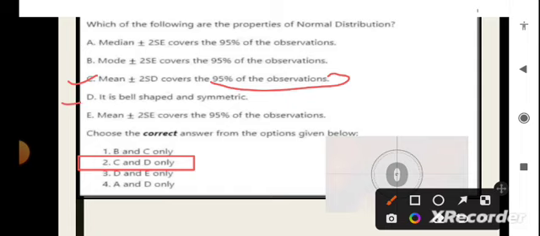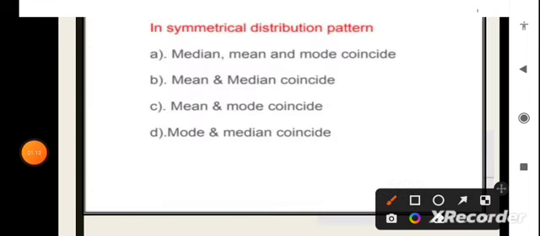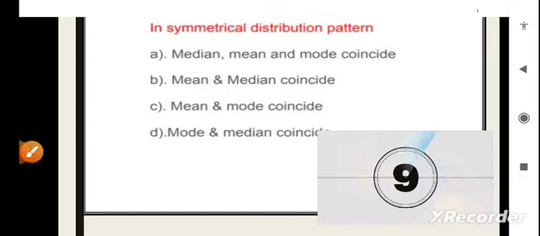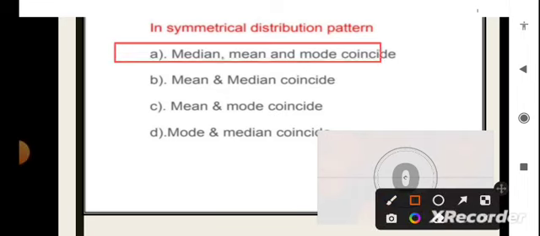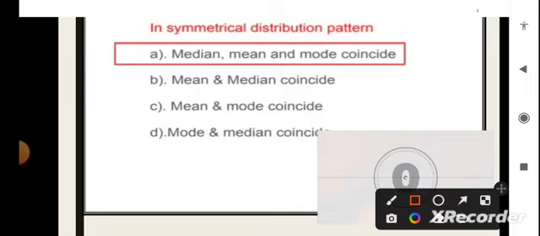And statement D states that normal distribution is bell shaped and symmetric. Last question is, in a symmetrical distribution pattern, so here the correct option will be option A, which states that mean, median and mode coincide.